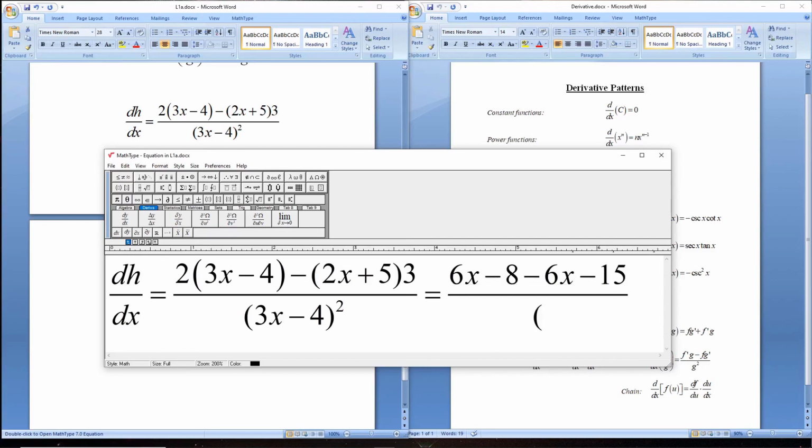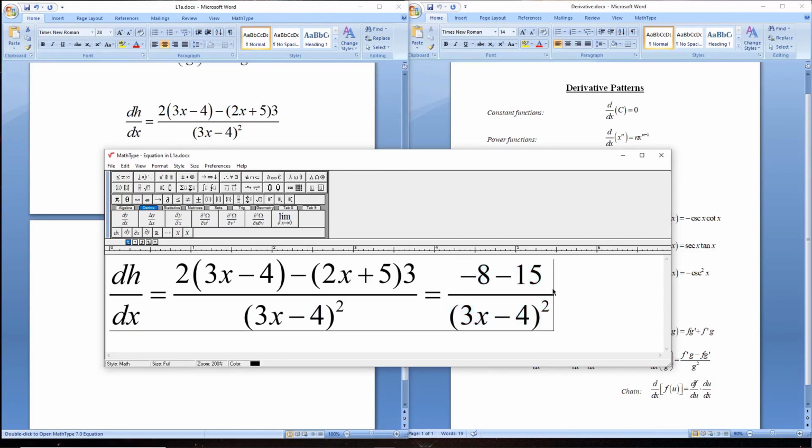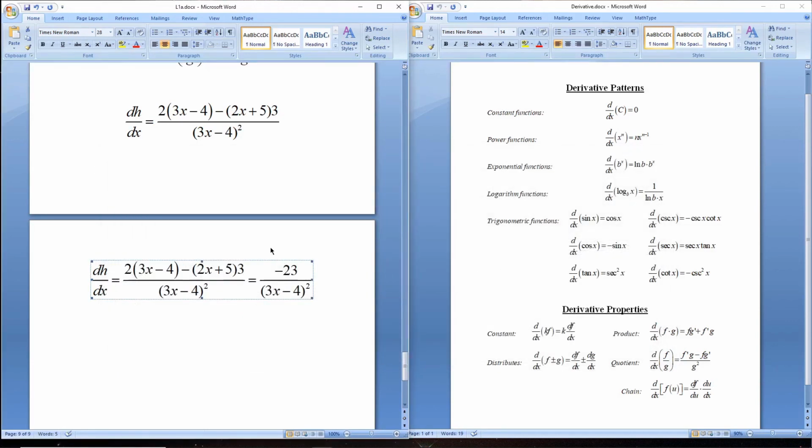And very rarely will you want to distribute the denominator. Usually you just want to keep it as (3x minus 4) squared, because it's already factored that way. And now if we look at the numerator, 6x minus 6x will subtract out, and minus 8 minus 15 is minus 23. And that's our derivative, all cleaned up and ready to go.